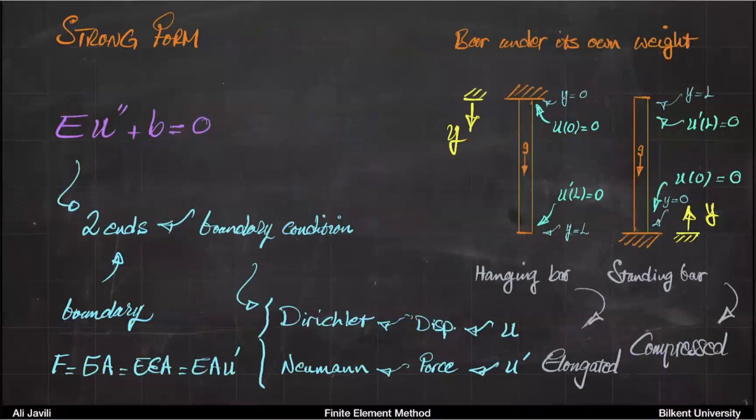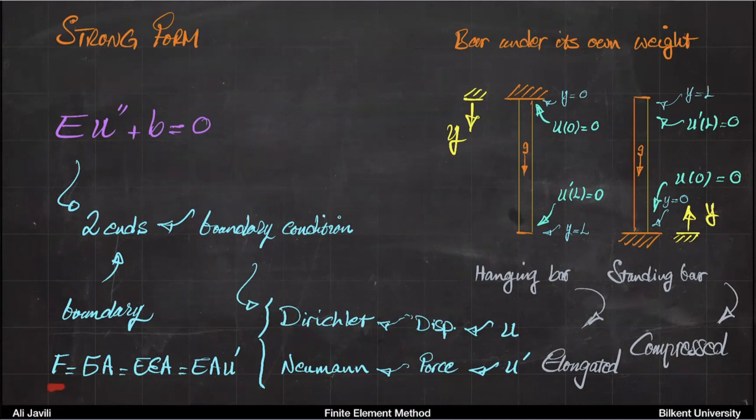And these differential equations have a form we call strong form, and they are subject to some boundary conditions. Again, as we did before in a truss structure, if you have a displacement type boundary condition, you would call it a Dirichlet boundary condition. If you apply a force, in this case the force would look like the derivative of displacement, or a strain.